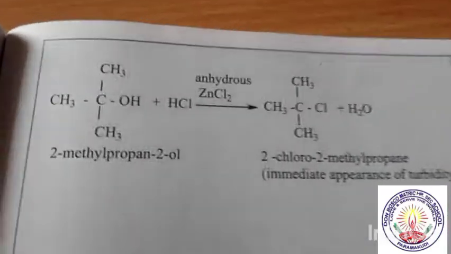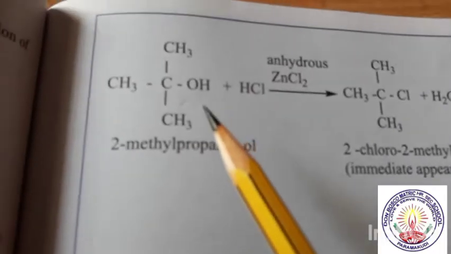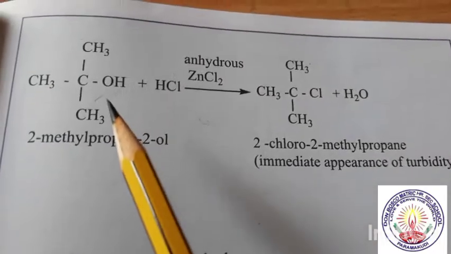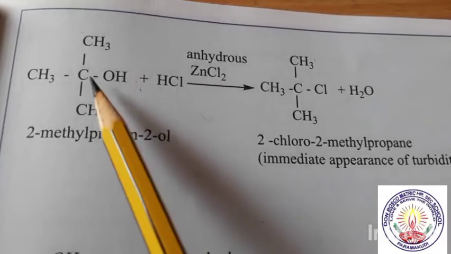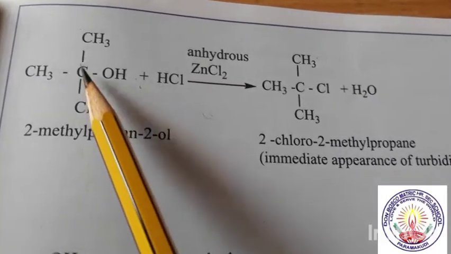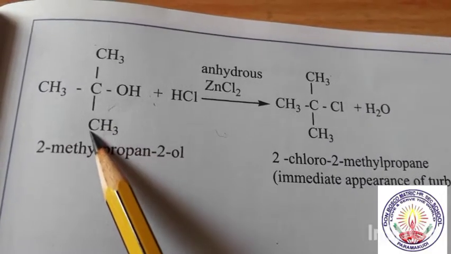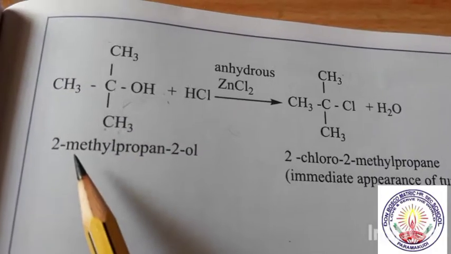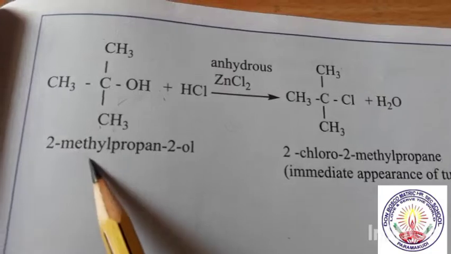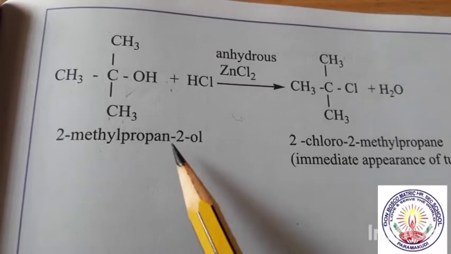We shall see, this is the tertiary alcohol. We know already what is tertiary alcohol, that is the carbon to which the functional group OH is present, and that carbon is having 3 carbons. That is tertiary alcohol. We have taken 2-methylpropan-2-ol.